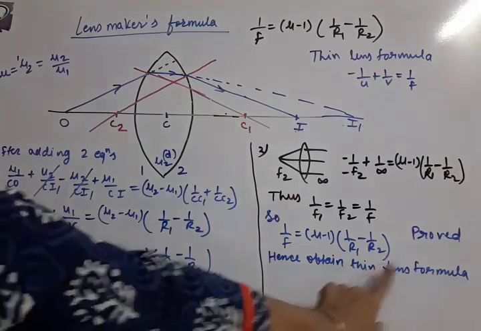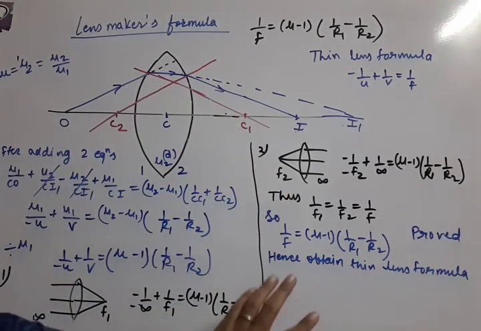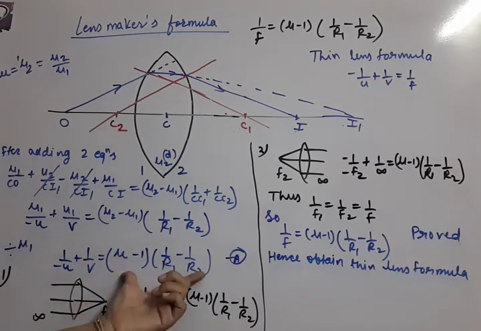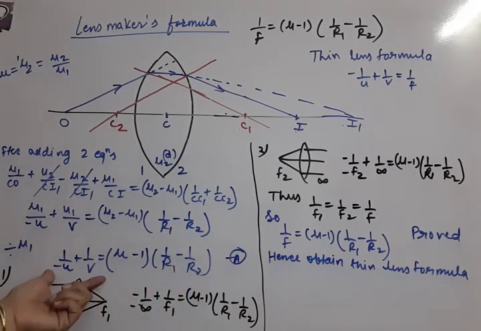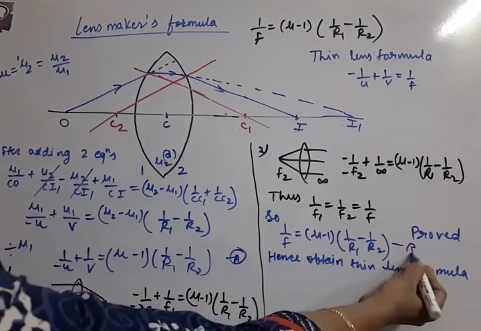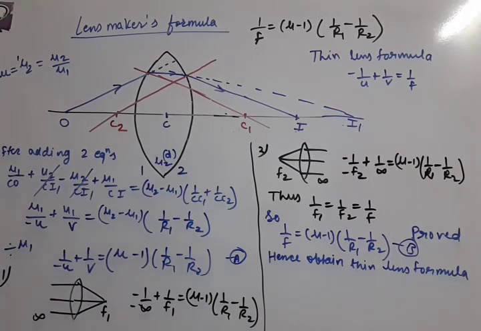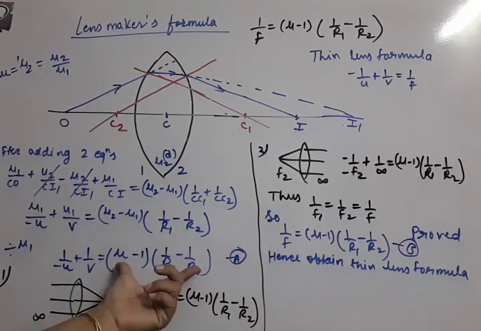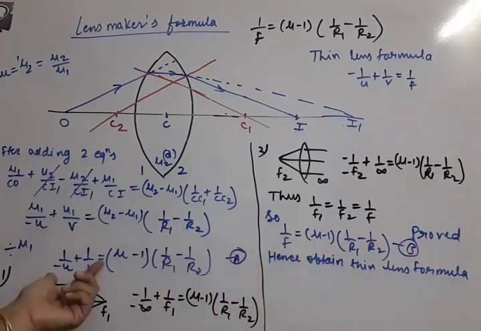Now in a derivation of Lensmaker's formula, if it is asked, hence obtain thin lens formula, what you have to do is only two steps. This equation is equation number A, in which the right side is this and the left side minus 1 by u plus 1 by v is appearing. And the final Lensmaker's formula, this you can call equation B, and you can write that if we compare equations A and B, since the right sides are the same, the left sides are also the same.